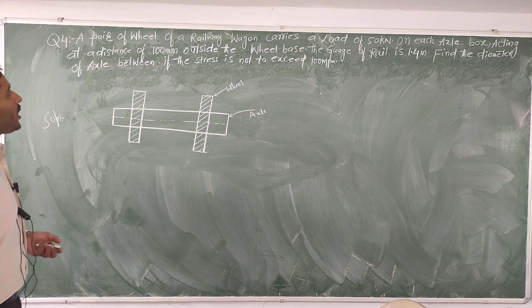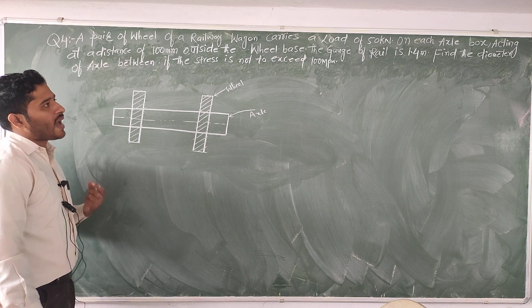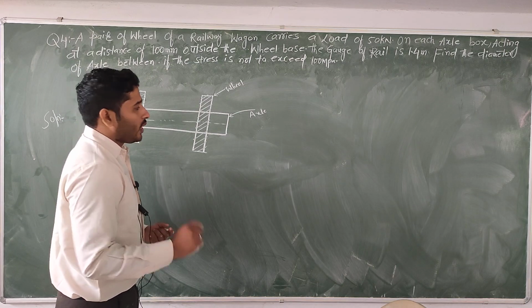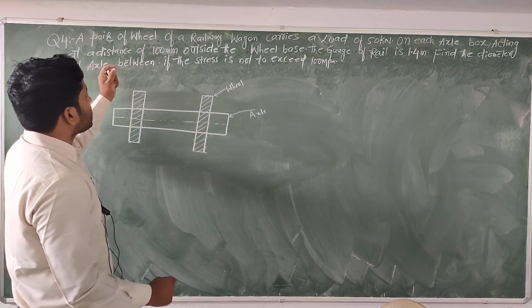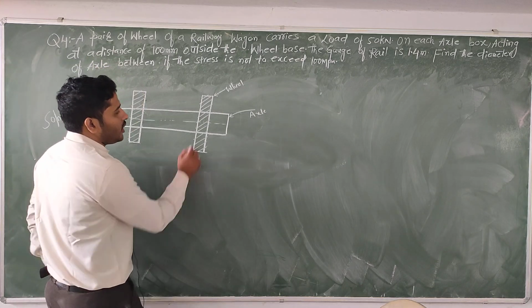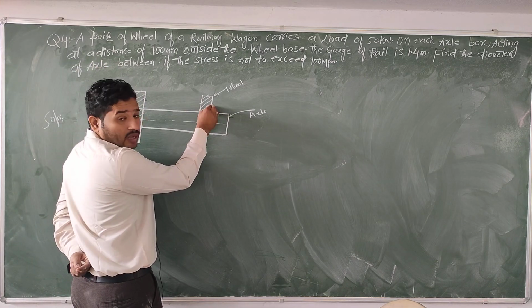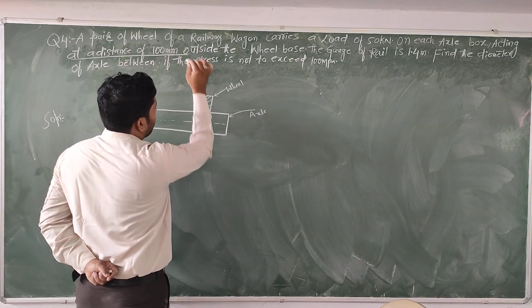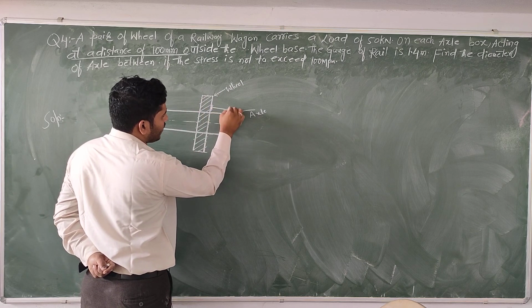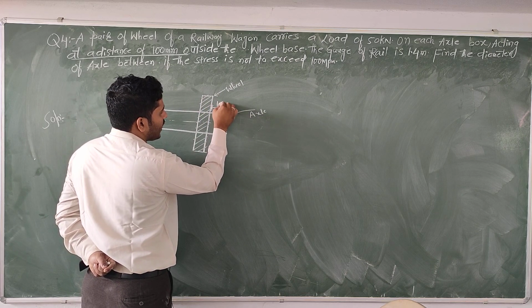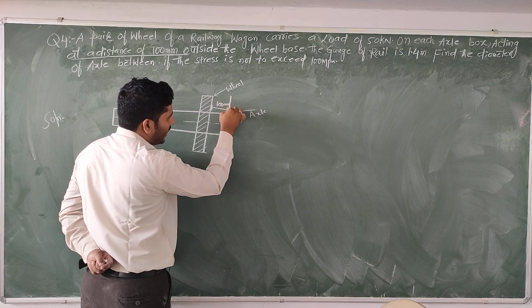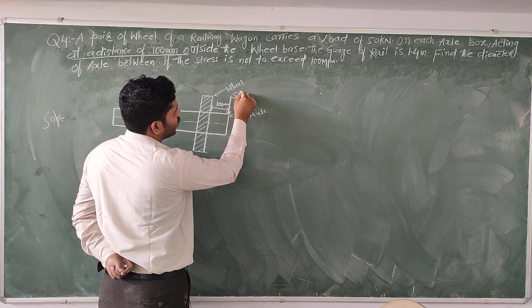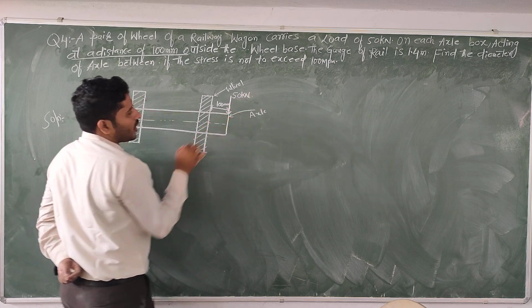The pair of wheels of a railway wagon carries a load of 50 kilonewton on each axle box, acting at a distance of 100 mm outside the wheel. So here this is one wheel. Outside the wheel at a distance of 100 mm, the load is acting at this end. 50 kilonewton load is acting on this axle.